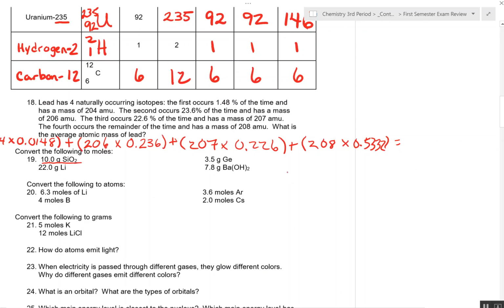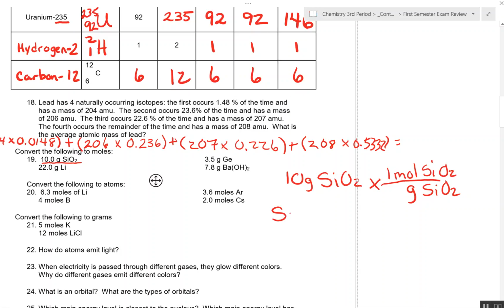So we start with 10 grams SiO2, and then I want to get it to moles. And 1 mole of SiO2 weighs how many grams? So you have to figure out the molar mass of SiO2.